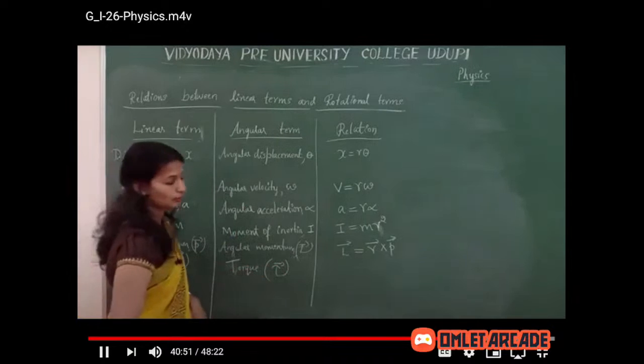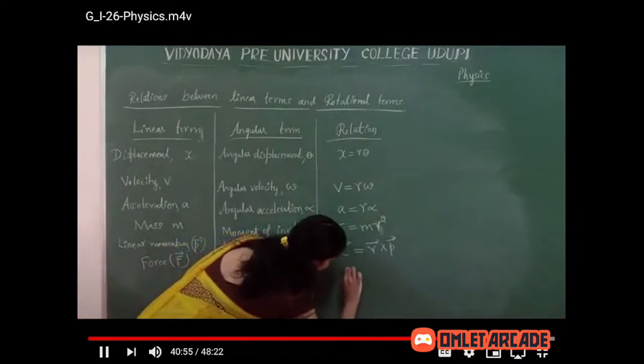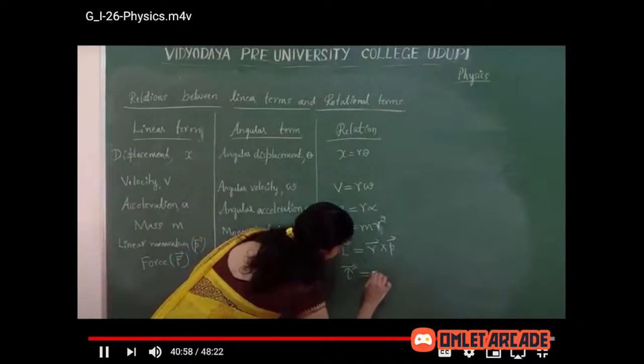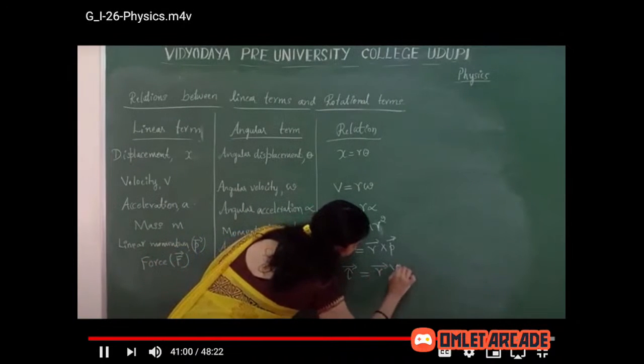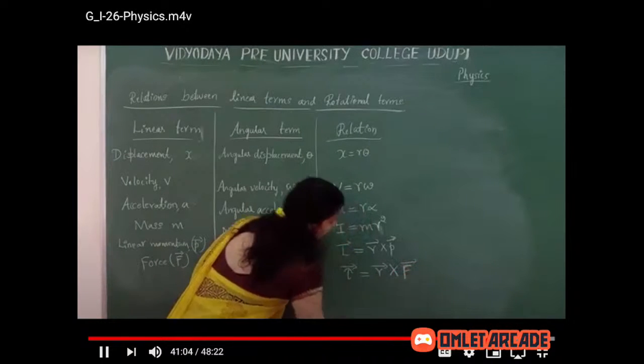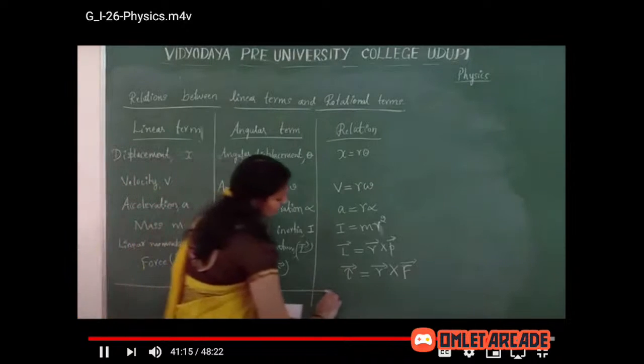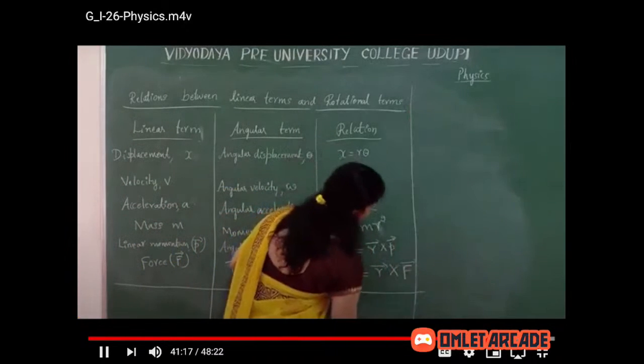The notation for torque is tau, and the relation is tau is equal to r cross F, the cross product of position vector and force. Once you memorize this, it will be easier for you.